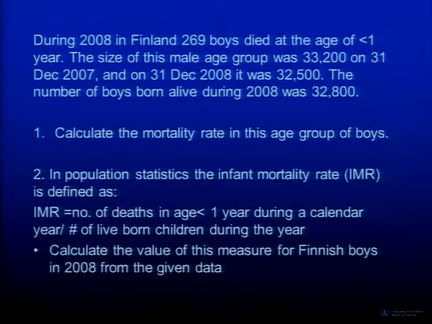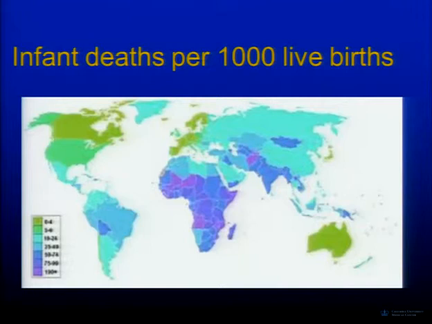Okay, so this infant mortality is a common measure that's used in public health internationally, and this is the way that some of these graphs will show it. So this is looking at infant deaths per 1,000 live births throughout the world, and what you can see is this is 0 to 4, the green and blue is 5 to 9, so that's pretty much North America what we're seeing.